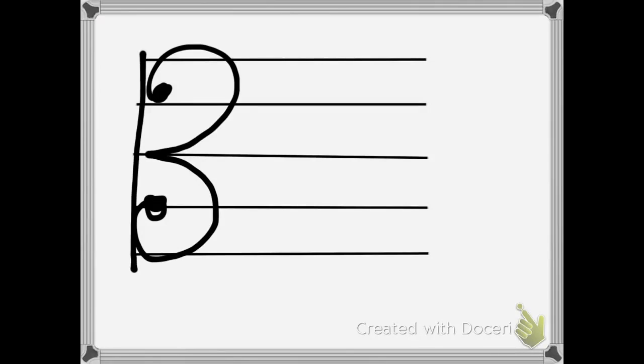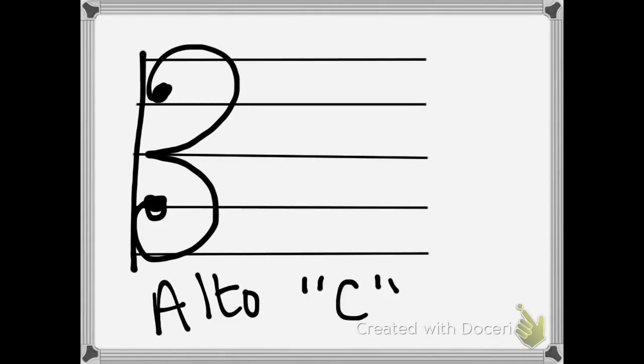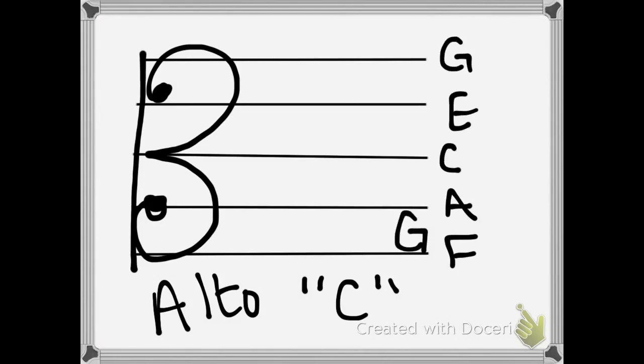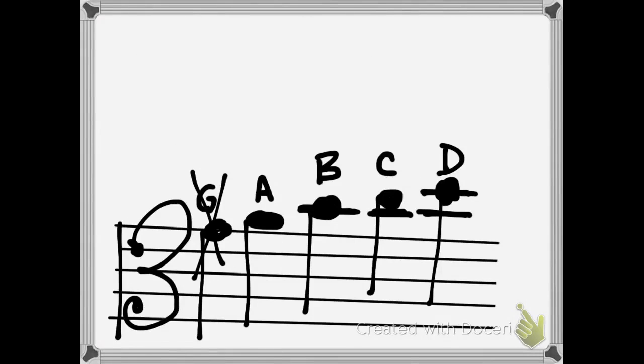So to review, we have our alto clef, also called the C clef. We know that our lines are face, G, and our spaces are great big dogs fight. We also learned that we have ledger lines we're going to have to use.